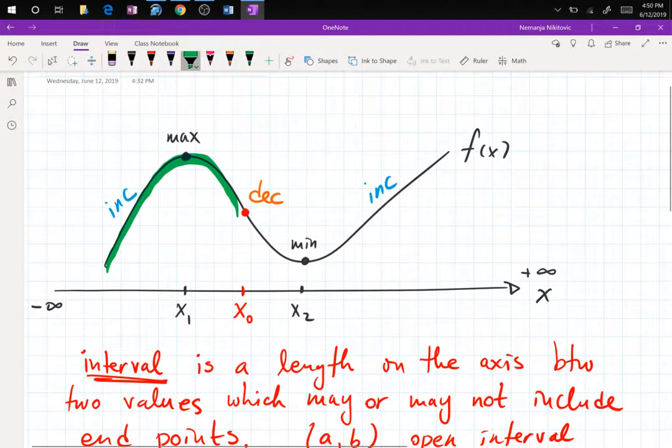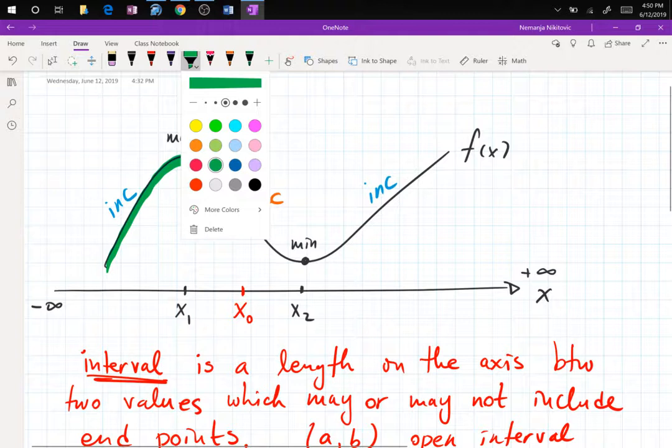Then let's pick another color, light purple.